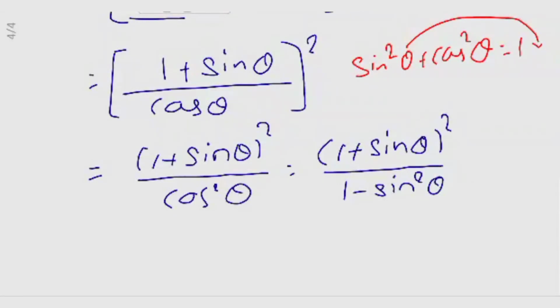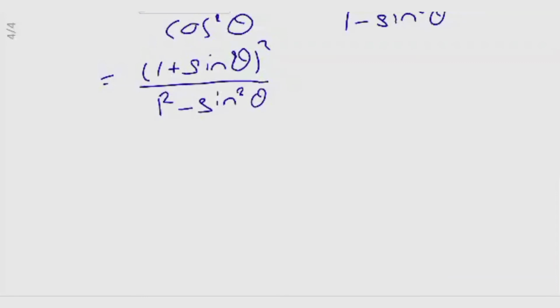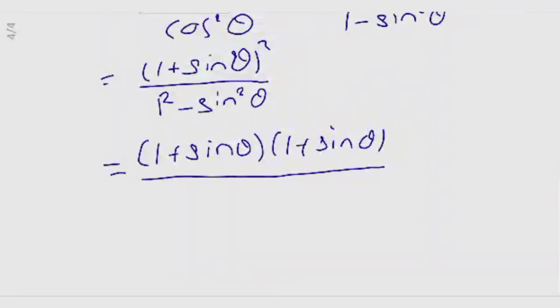So now here 1 plus sin theta whole square divided by 1, we can write 1 square minus sin square theta as it is. So next here, 1 plus sin theta whole square, we can write 1 plus sin theta into 1 plus sin theta. A square we can write a into a, like that only, and this divided by 1 square minus sin square.